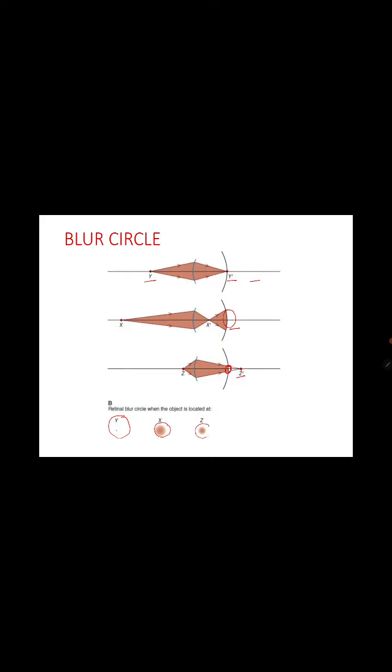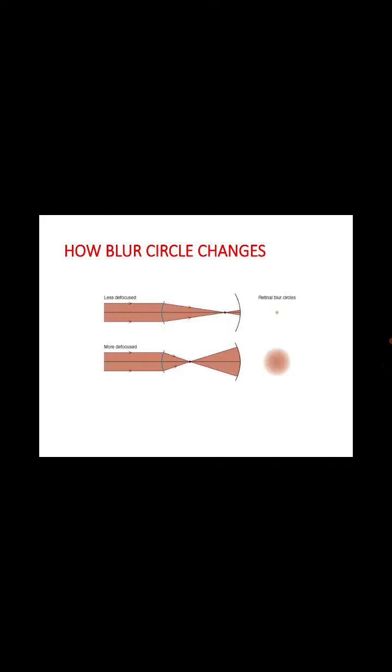In hyperopia and myopia, the amount of refractive error corresponds with the size of the blur circle. So in this slide I can show you how the blur circle changes with the amount of refractive error.